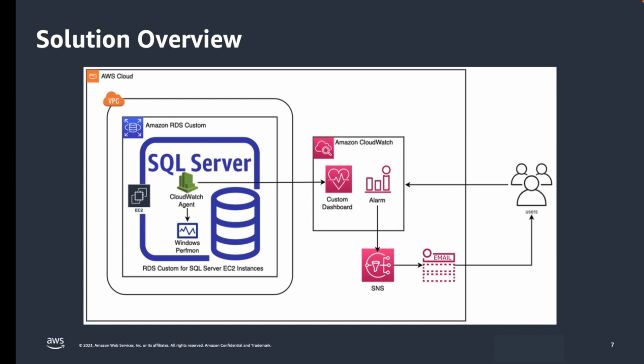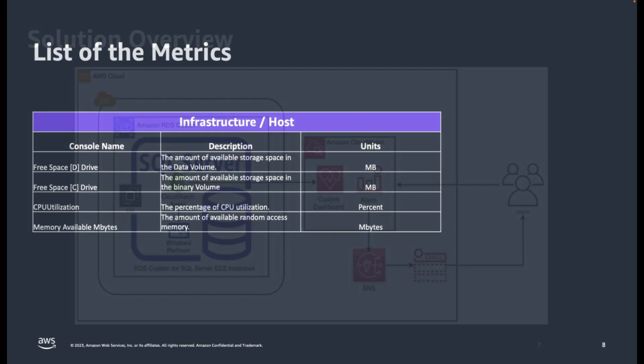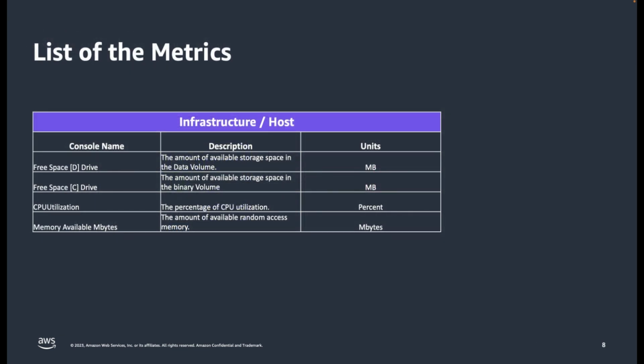Customers do have the ability to configure CloudWatch alarms and receive email alerts through Amazon's Simple Notification Service. Now let's look at the metrics that will be displayed on the CloudWatch dashboard for our customers through this script. Under Infrastructure Metrics, you can monitor the following. The free storage space.